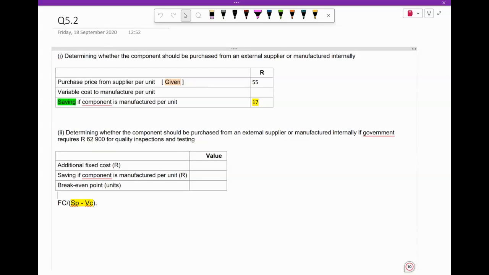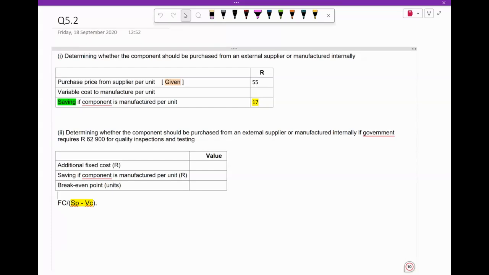Thirdly, assuming additional labor cannot be recruited and any labor realized will be employed in increasing production of an existing product with a selling price of 101 Rand per unit and the following budgeted manufacturing costs. Okay, right. So let's begin.